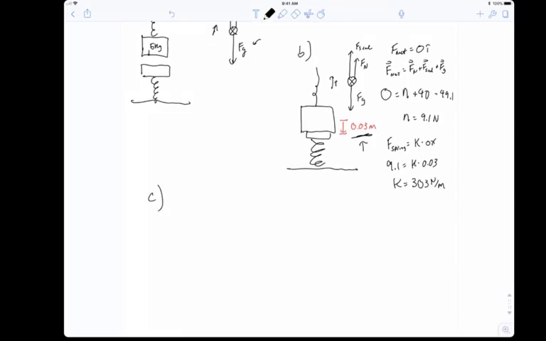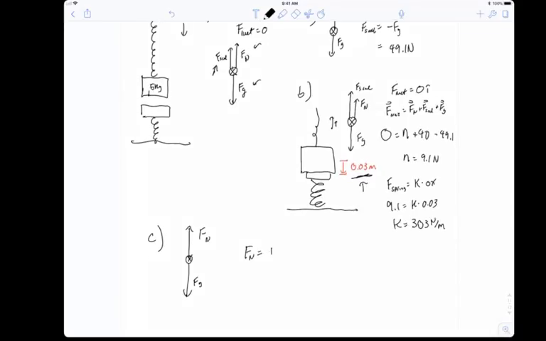Question 3, C. How far does the block compress the bottom spring when the scale reads 0? So when the scale reads 0, there's only two forces on it, Fn and Fg. And they cancel out. So Fn is equal to plus 49.1 newtons.